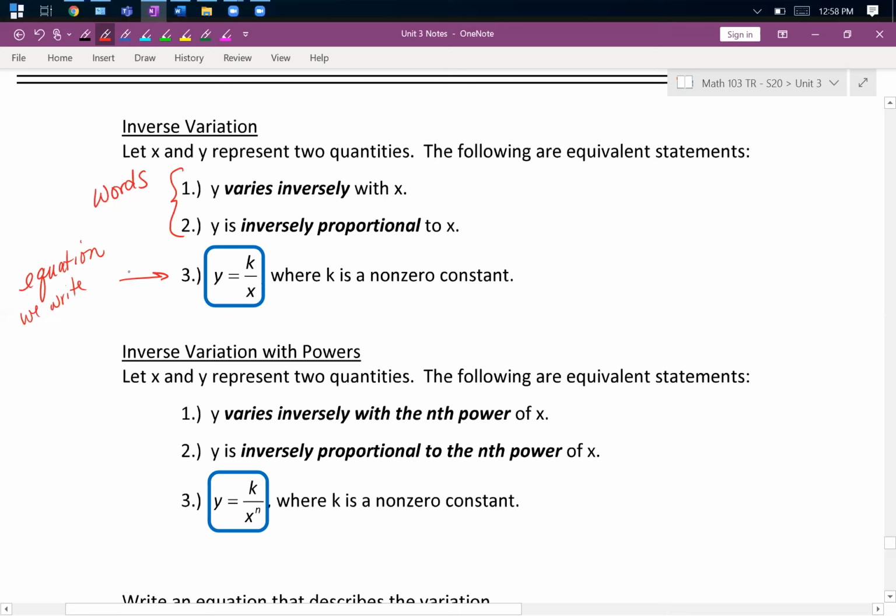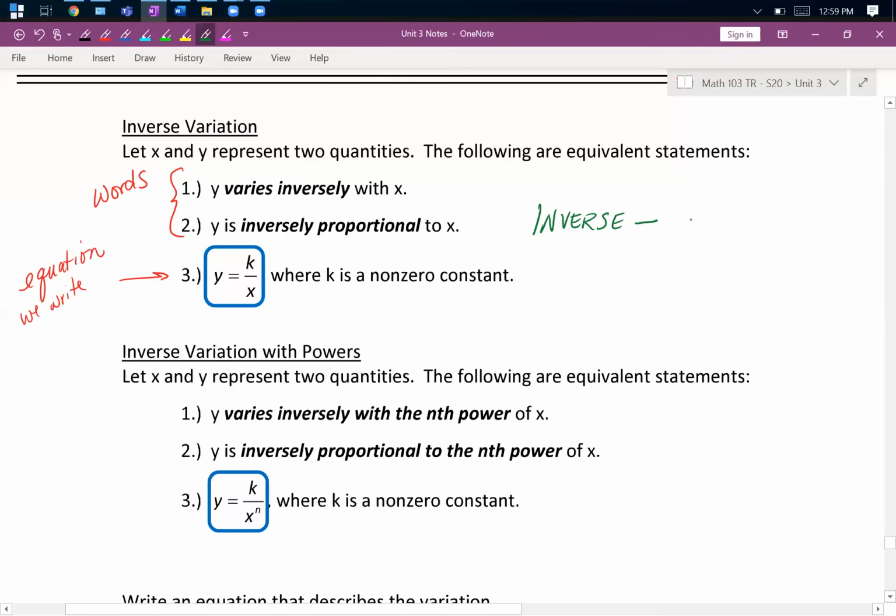So y varies inversely with x, or y is inversely proportional to x. We're going to end up writing the equation y equals k divided by x. So notice our constant of variation k is still there. It's in the numerator.